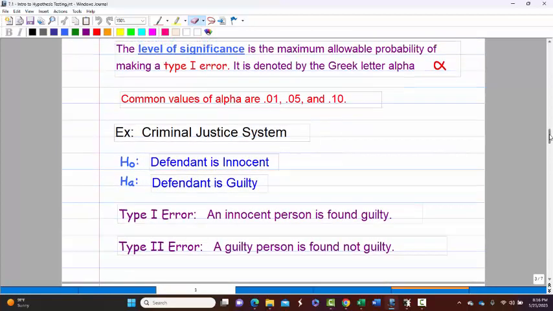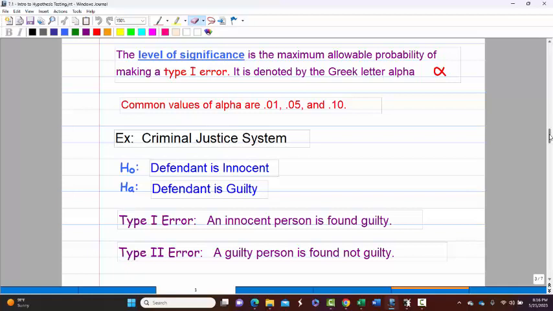Another thing I'll mention on this problem: if you think about any court procedural drama show, even though the null hypothesis is innocent and the alternative is guilty, when they read a verdict, they never use the word innocent. They use the word not guilty.